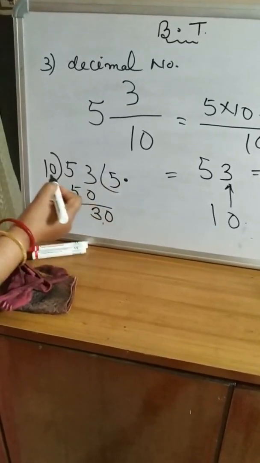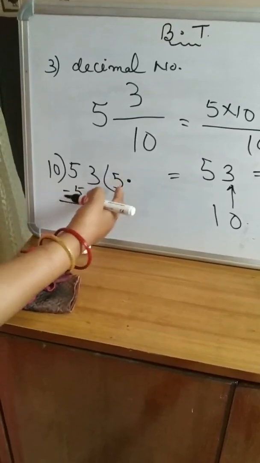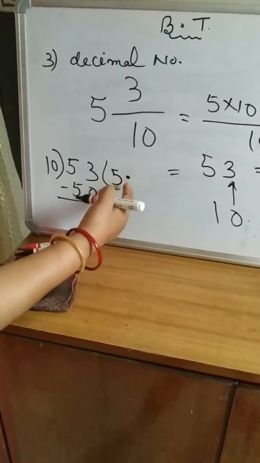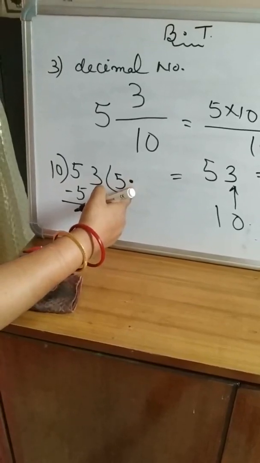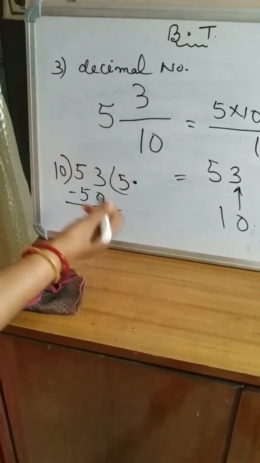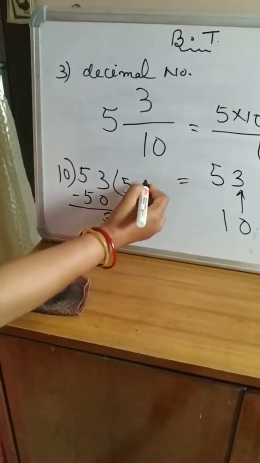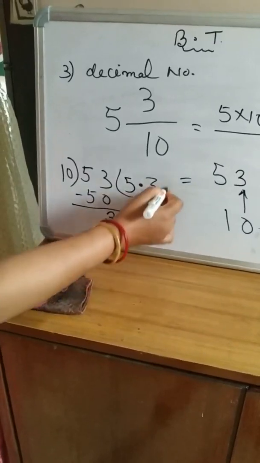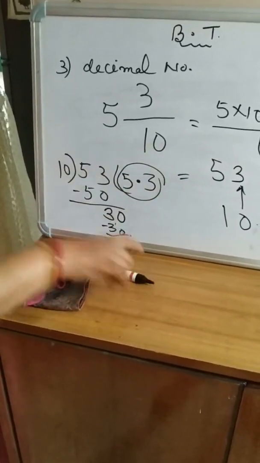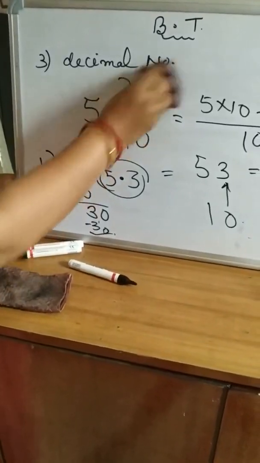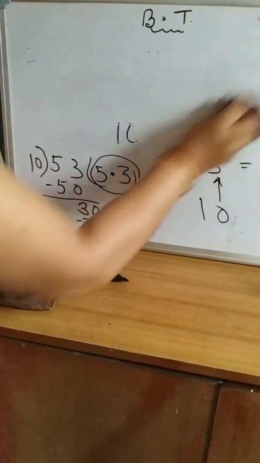That is 30. We will have to continue, putting down a 0 after the decimal until the remainder is 0. So here it is 30. So 10 threes are 30. So your answer is 5.3. So similarly you will have to form the decimal number. Now in question number 4.